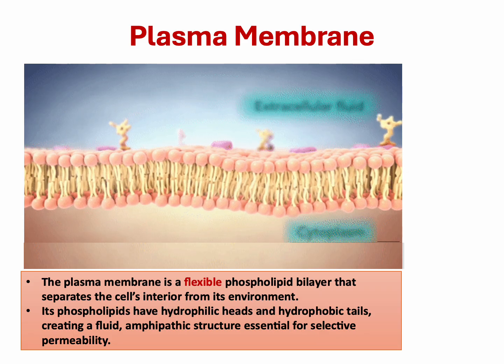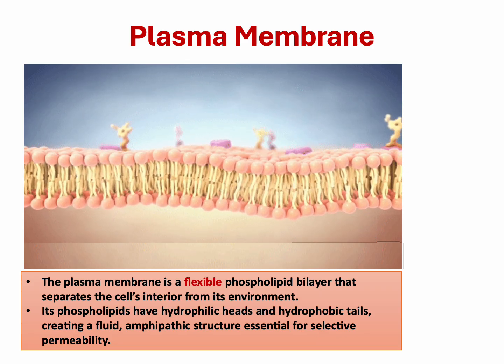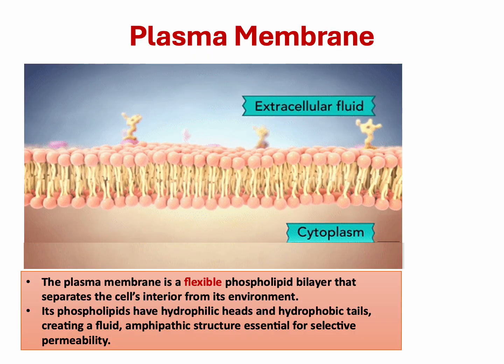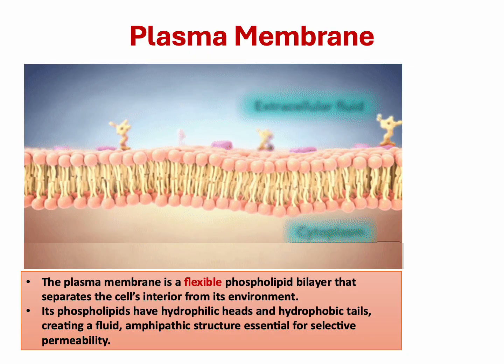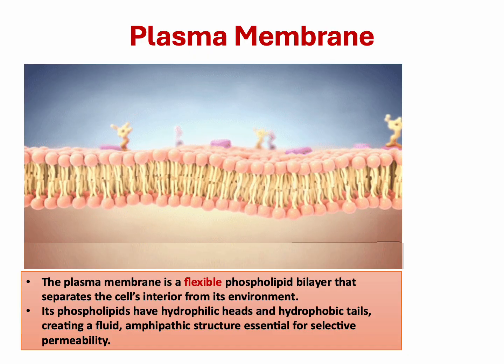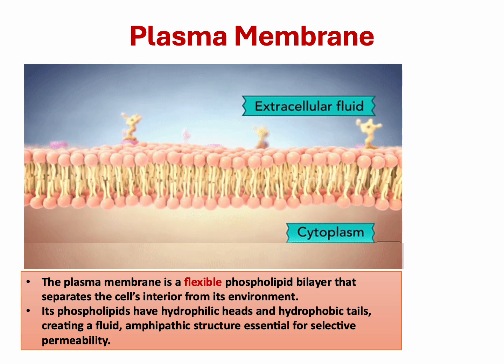Now, let's start with the plasma membrane. The plasma membrane is flexible, meaning not rigid, as you can see in the animation, and contains a phospholipid bilayer that separates the cell's interior, which is the intracellular fluid, from its environment, or the extracellular fluid.